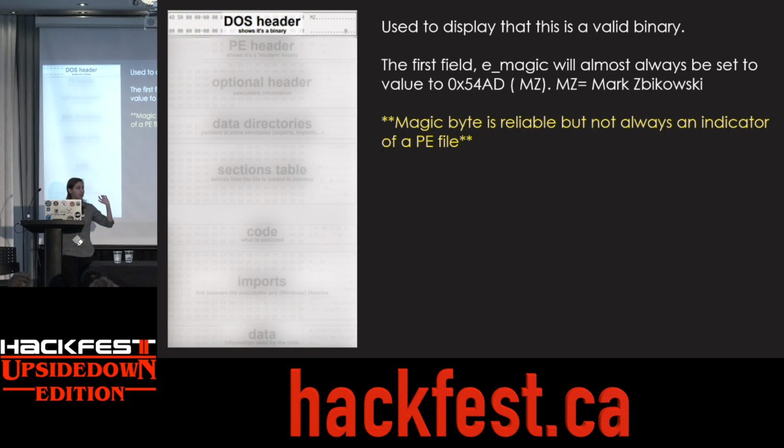So we're going to start from the top down. The top is our DOS header. This basically tells us that this is a valid binary file. The DOS header starts with the e_magic field, otherwise known as the magic number. If you can see above, the value is translated to that hex value. And when we move it over into ASCII, it changes to MZ.